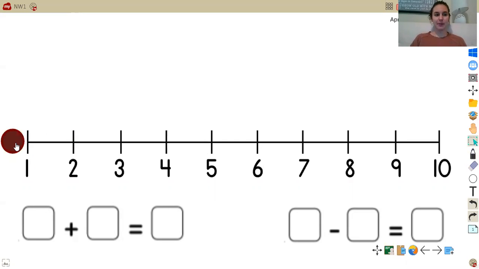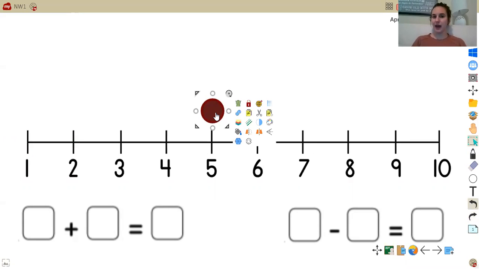And I'm going to move my ball above the number 5. Now, I want to see what 5 and 3 more equals. So I want to move my ball from 5 up to 3 more.